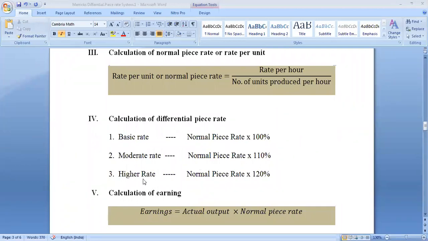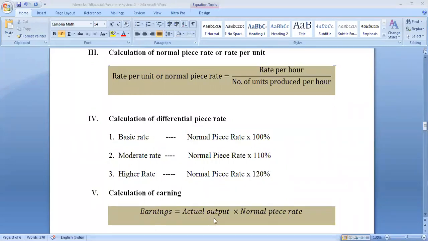And the higher performer will be given 120% of the normal piece rate as an incentive or bonus. This is the fourth step in Merrick's differential piece rate system. The final step will be calculation of earnings of each worker by multiplying that with the actual output.